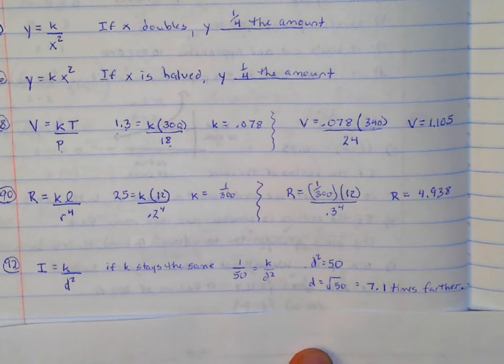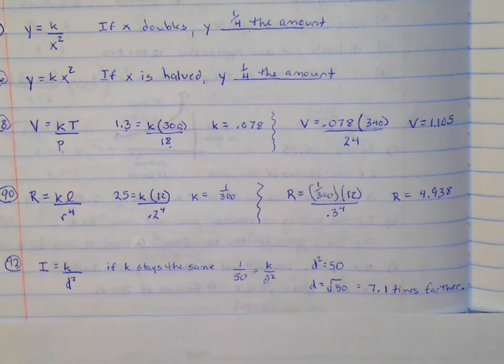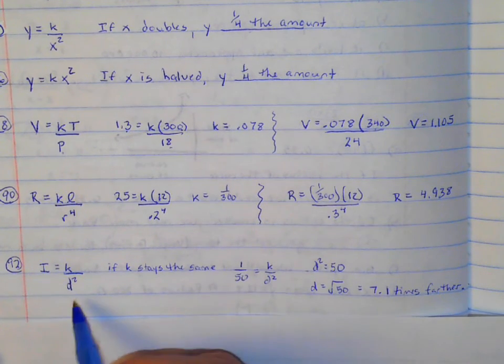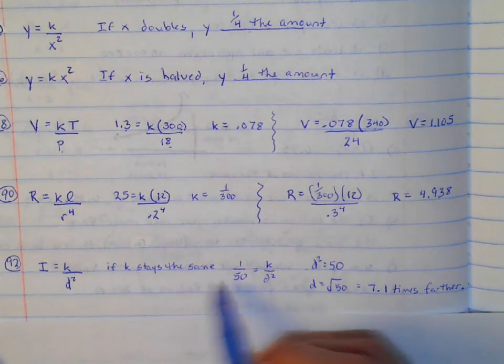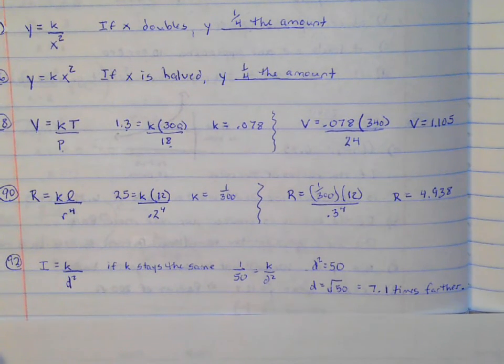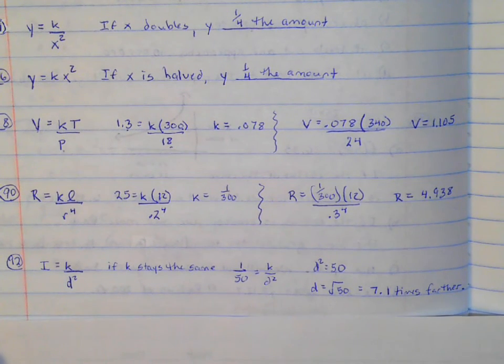And number 92, the brightness or intensity of starlight varies inversely as the square of the distance from Earth. So the farther I get away from Earth, the more I can see the stars, right? The more intensity. Okay, so this is the equation there. So I kind of think if K is going to stay the same, it says a Hubble telescope can see stars whose intensities are 1/50th of the faintest star.